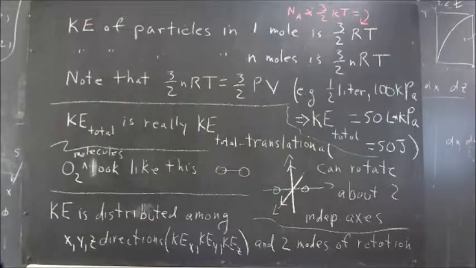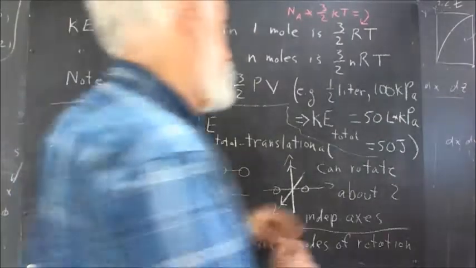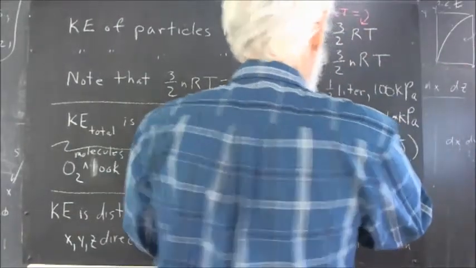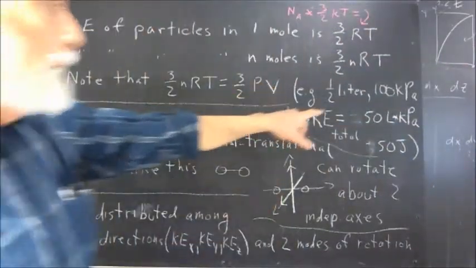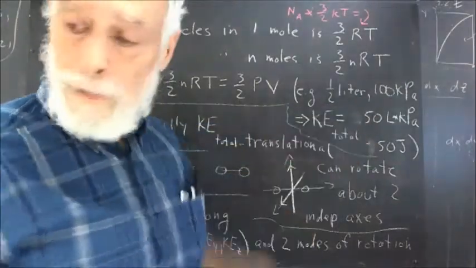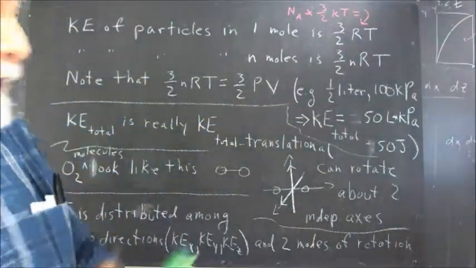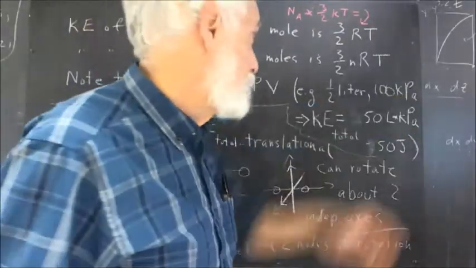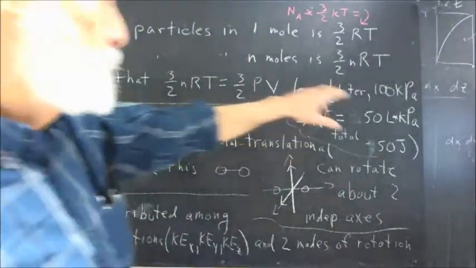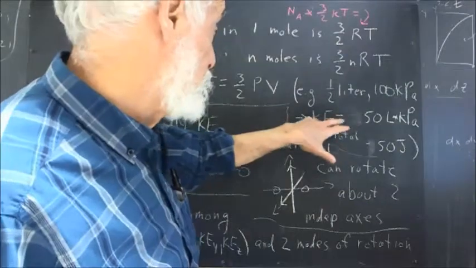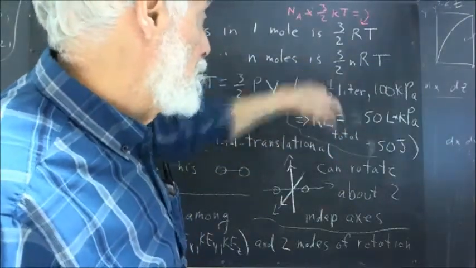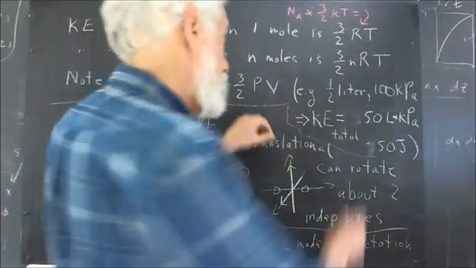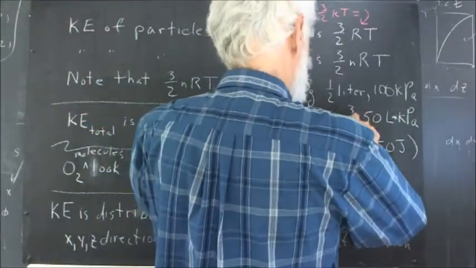So now we have a simple way, and I see that I made a mistake when I did this. Let's correct that. Okay, for example, if you have 1/2 liter of gas, which is about what you would have in this bottle, at 100 kilopascals atmospheric pressure, approximate atmospheric pressure at this altitude, then the kinetic energy is going to be 3/2 PV. I left the 3/2 out when I wrote this earlier.